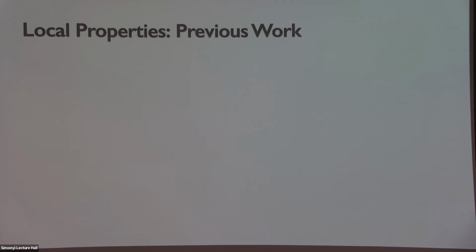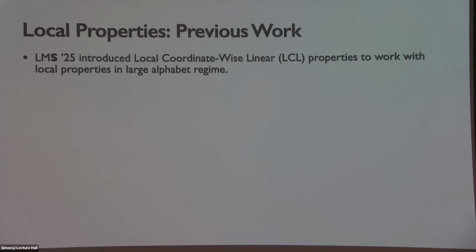But then a few years later, in a joint work with Matan Levi and Jonathan Mosheiff, we introduced a notion of local coordinate-wise linear properties, LCL properties. Think of it as a subclass of local properties, which was designed to work in the large alphabet regime. And we showed a similar result as the one in the previous slide.